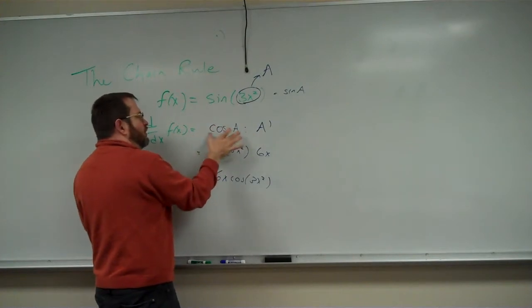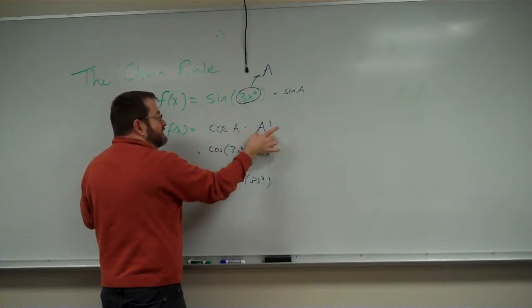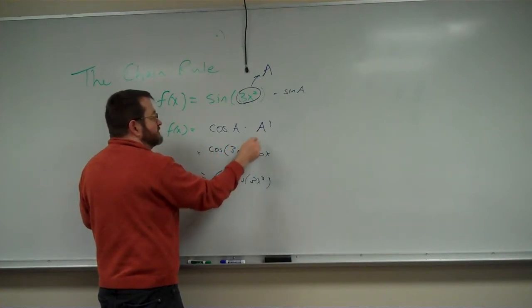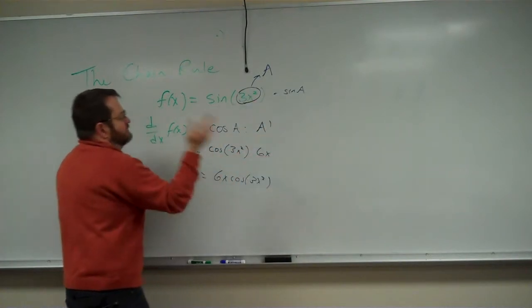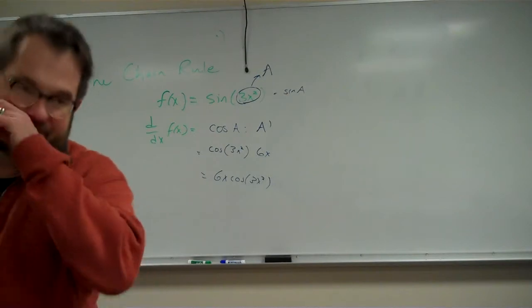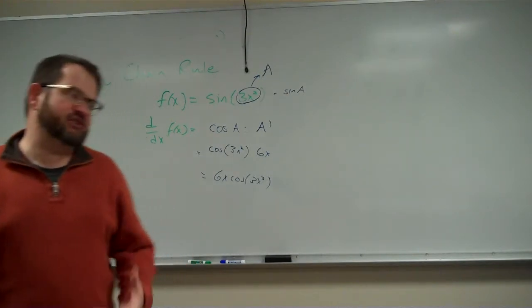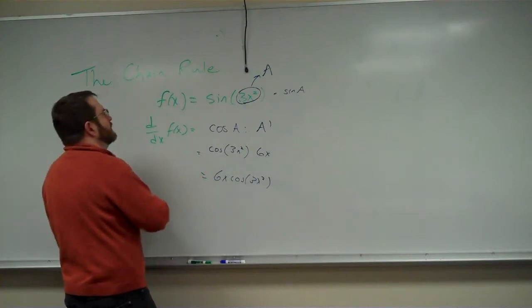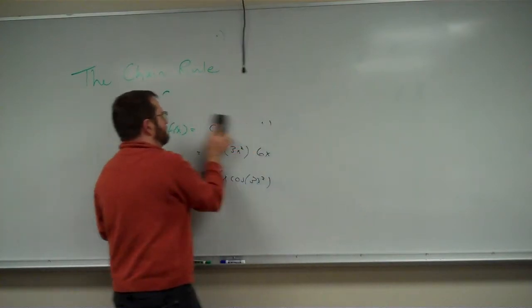But because of the chain rule, we've got to take the derivative times the derivative of the a itself. Okay, so cosine of 3x squared times the derivative of a, which is 6x, and then we just sort of rearrange it to make it nicer, which you don't have to do. There are rules about how to rearrange that to make it look nicer, but it's fine. Let's do one more before we try to come up with some notation here.